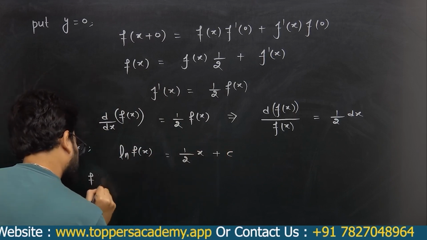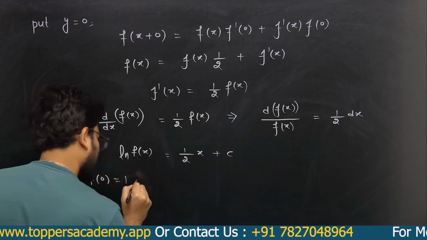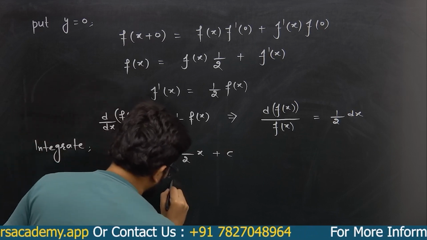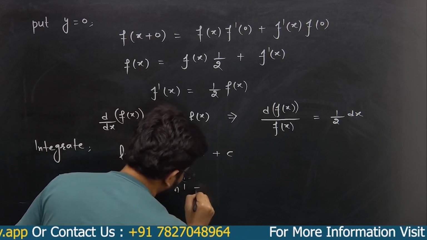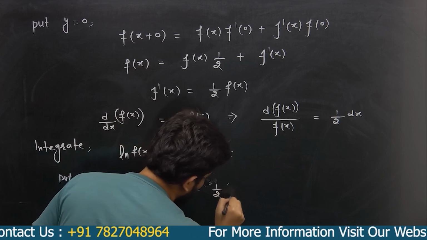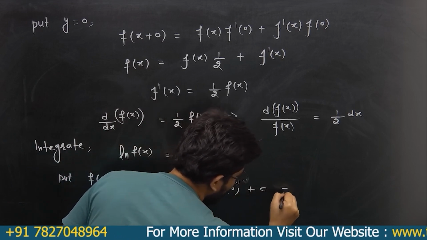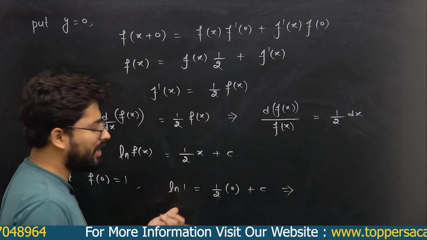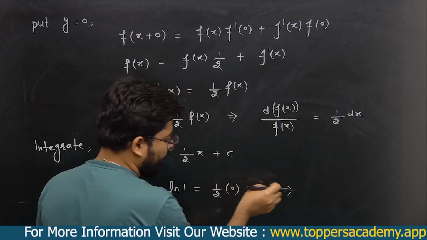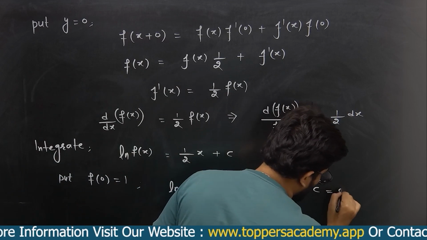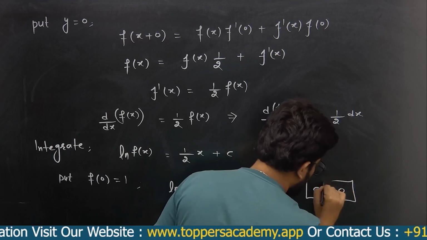So put f of 0 is equal to 1. When you put it here, you'll get ln of 1 is equal to half into 0 plus c. When you simplify, ln 1 is 0, so 0 is equal to 0 plus c, that is c is equal to 0. Got it?